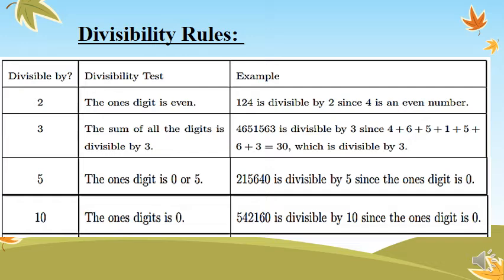If the sum of the digits is divisible by 3, then the number is divisible by 3. To check if a number is divisible by 5, we just have to look at the ones digit. It must be 0 or 5. A number is divisible by 10 if the ones digit is 0.